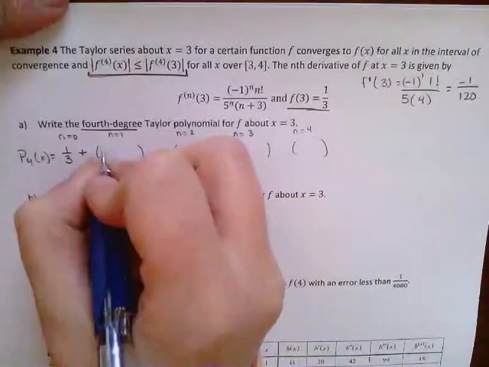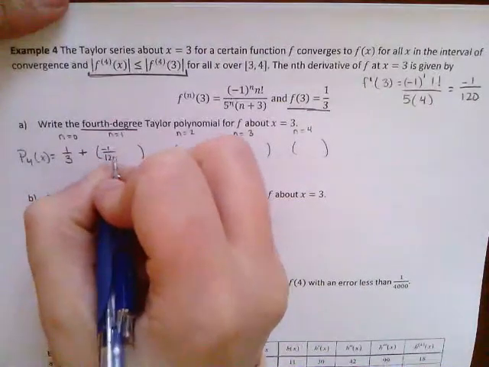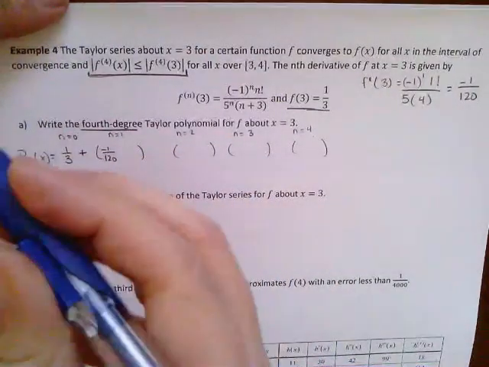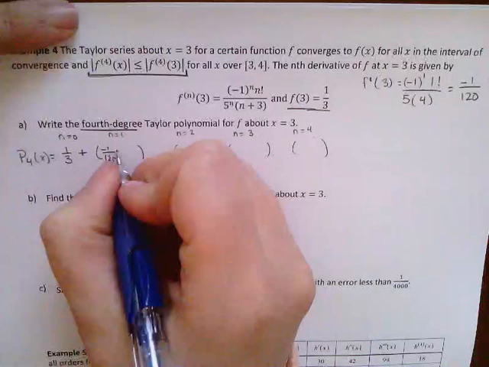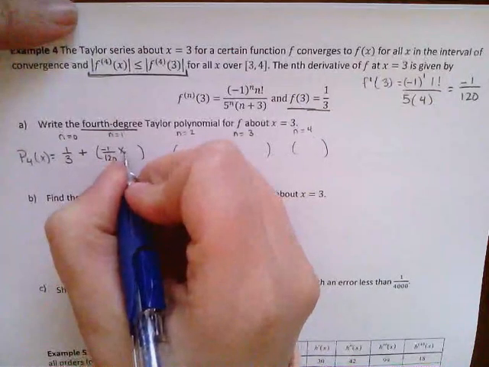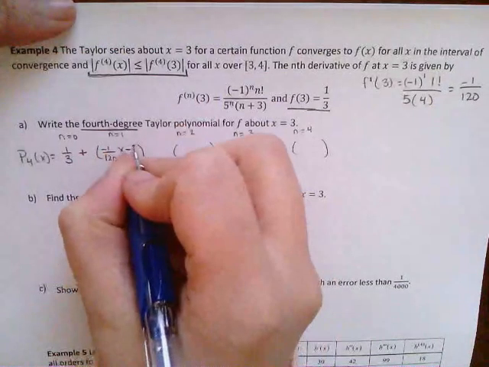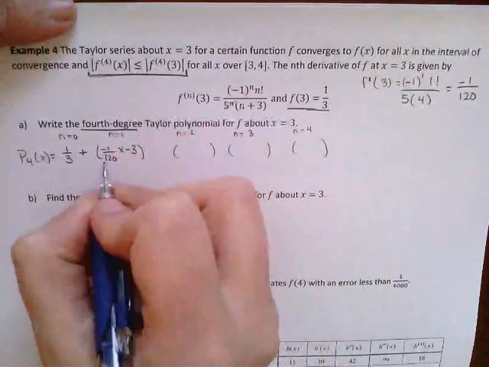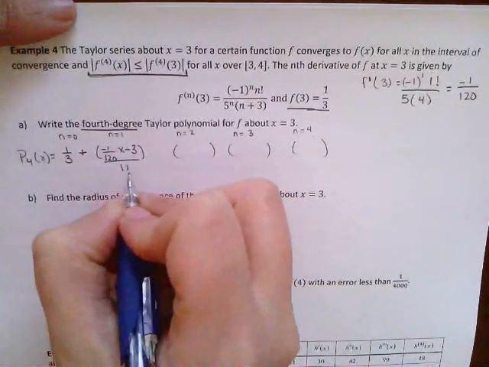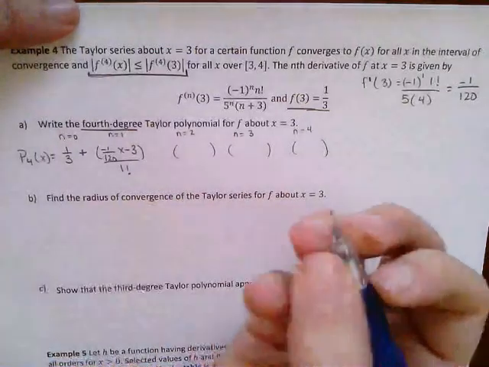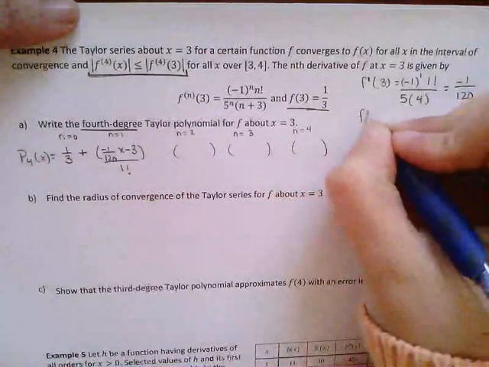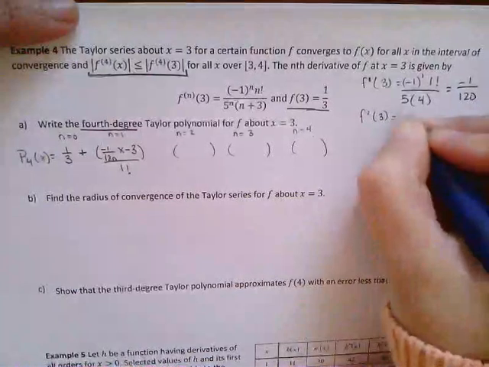So over here, I'm going to write -1 over 120 times x minus 3, because it's centered at 3, all of that over technically 1 factorial. We'll clean that up in a sec. Now to find f2 of 3, we do the same thing.